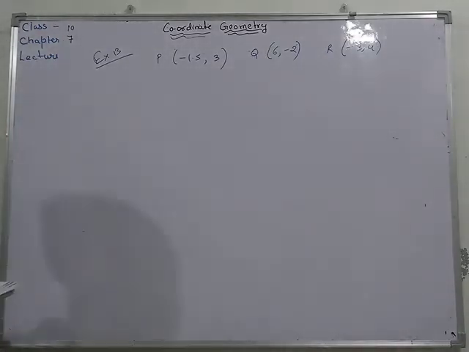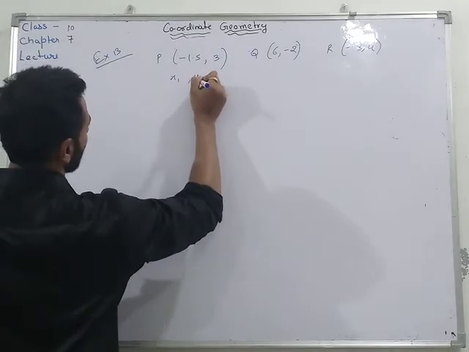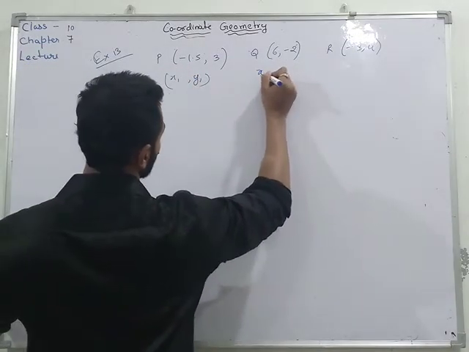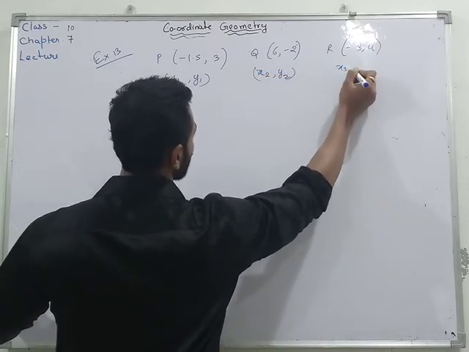The question says to find the area of the triangle from the given points. Naming these points x1, y1, x2, y2 and x3, y3.